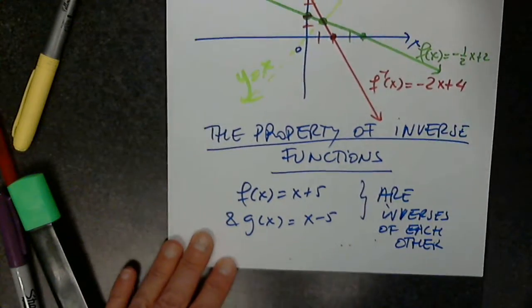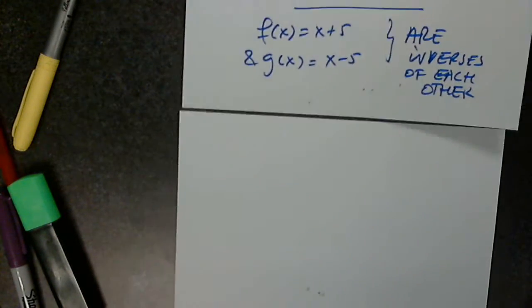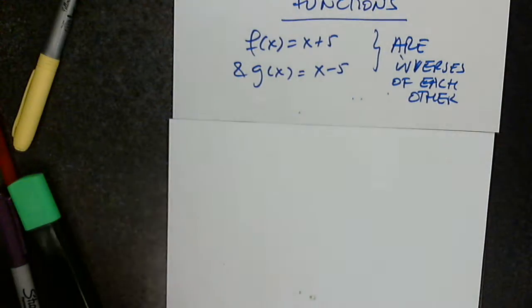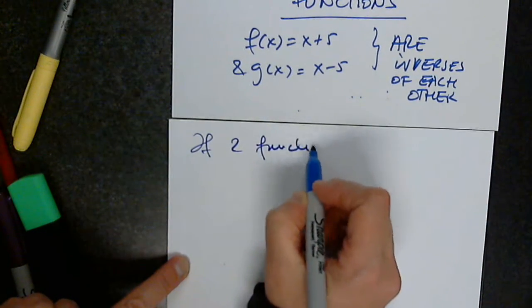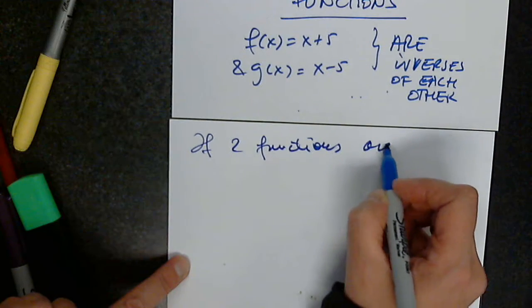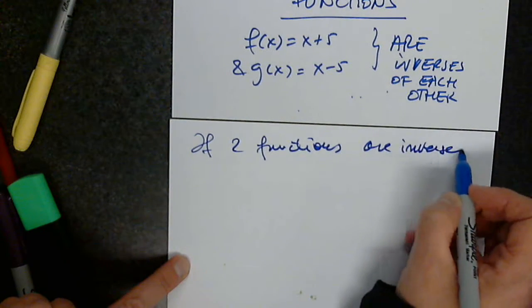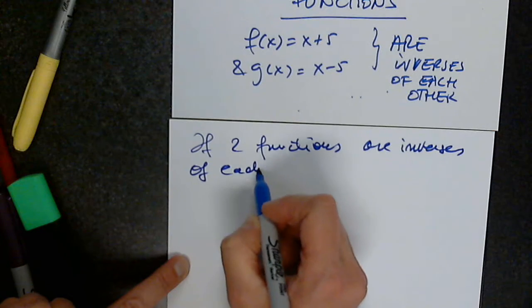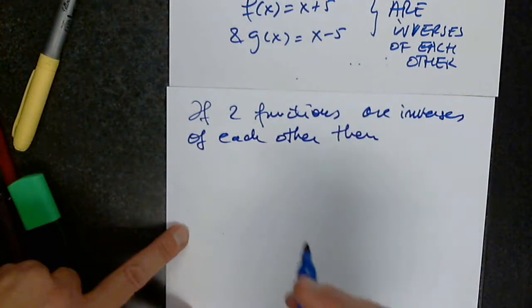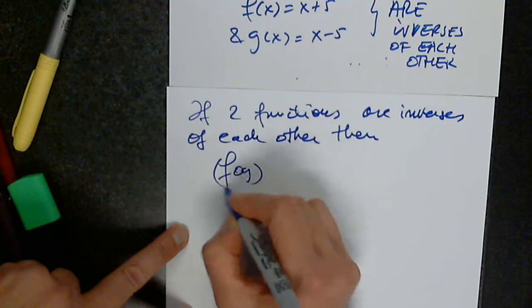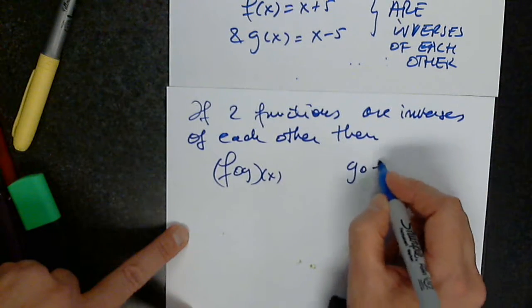So what should the function composition be if two functions are inverses of each other? I want you to tell me what will be the function composition of those two functions. What will it equal?